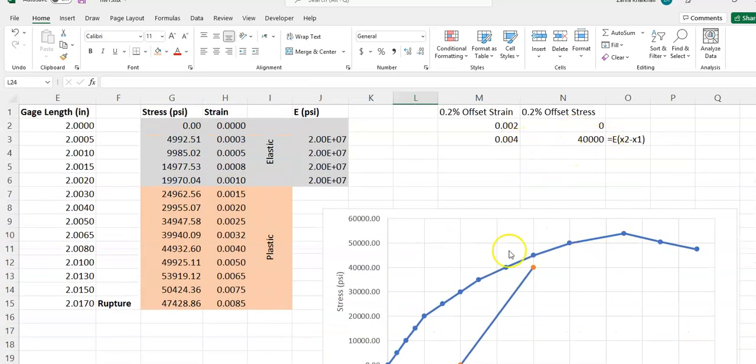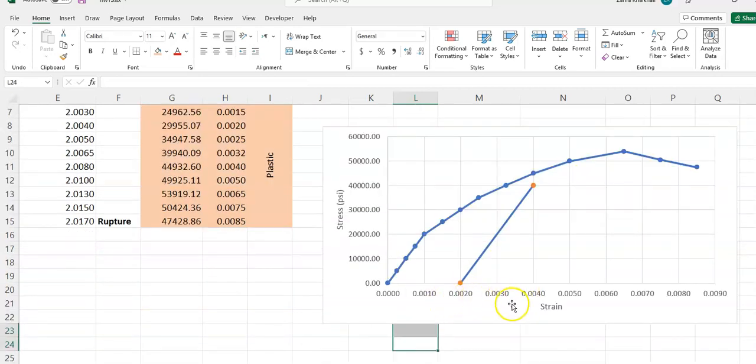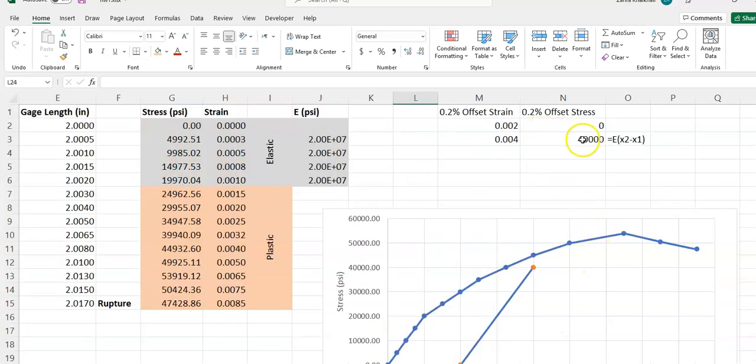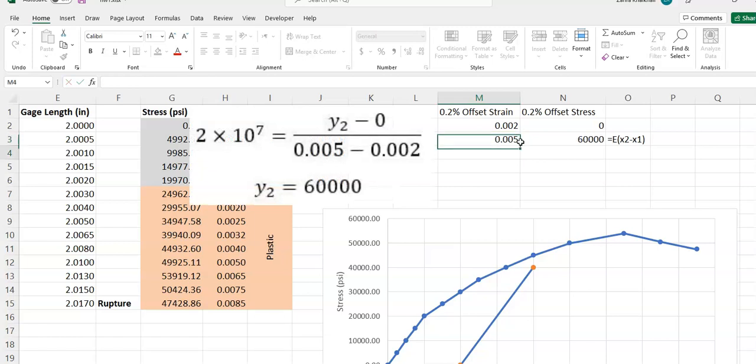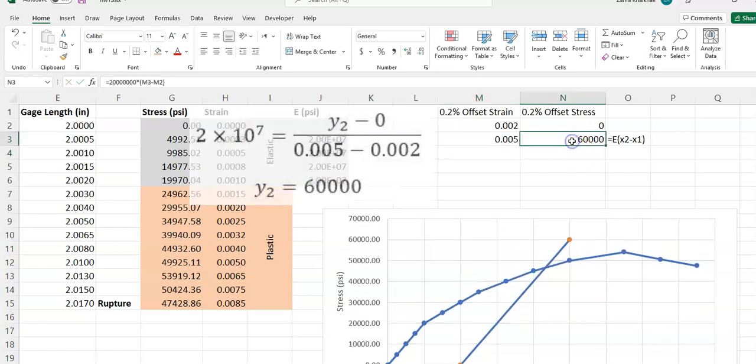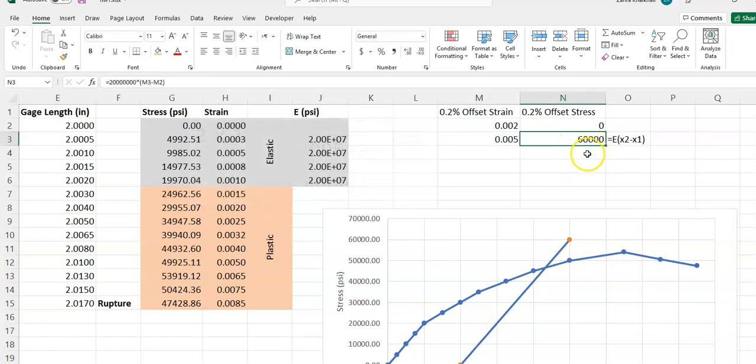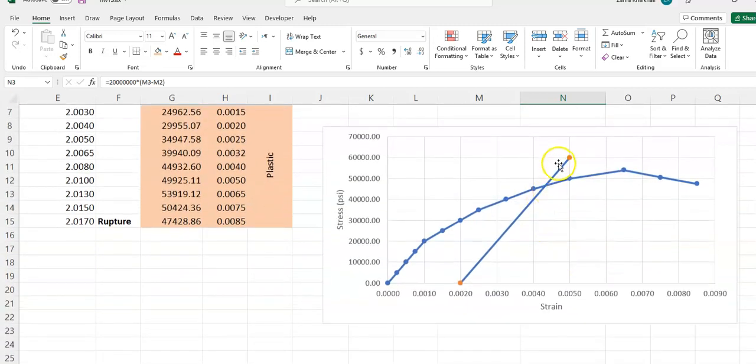Now let's try 0.005. For this one, we could get a y coordinate somewhere here. So let's try. Notice that the y coordinate would be 60,000, and there's an intersection here.